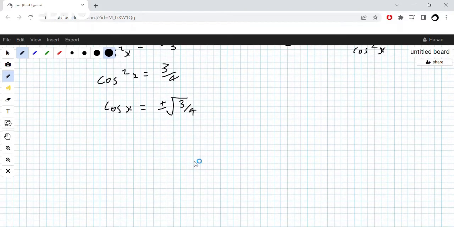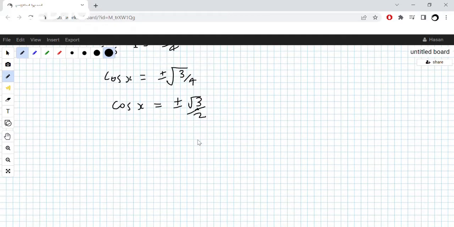We'll solve these separately. Or we can actually simplify this further. Cos x equals plus or minus root 3 over 2, because root 4 can be simplified to 2.